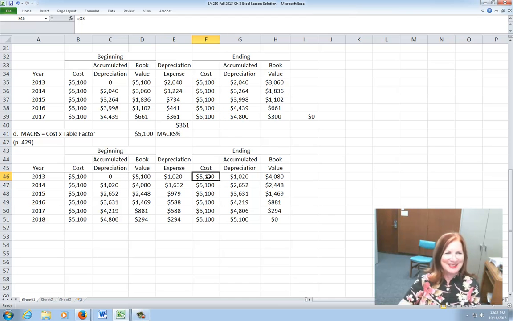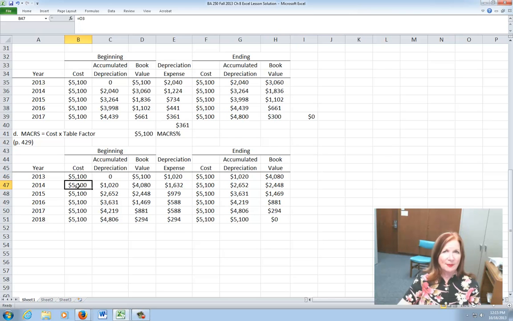Then the cost is equal to the O3 that we had before. Now the accumulated depreciation has to be equal to this E46, this amount we just depreciated, and we get a new book value. And so the book value is cost minus accumulated depreciation. Now I double check that's the ending value in 13.